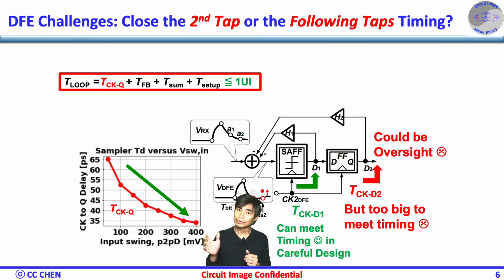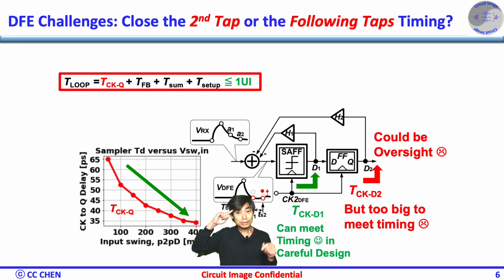Then, the total loop delay at other taps, second, third, nth tap, could be longer, and then degrade the I high at the first tap sampler's input. Then, you saw the first tap cannot meet the timing and was blamed for its poor sensitivity, which is not true. In order to avoid those confusion factors in the DFE timing design phase, what should you do?